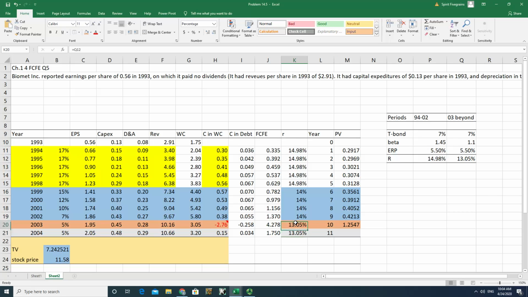So I use different discount rates. And between the first stage and the constant growth time period, assuming the cost of equity would be the average of those two numbers because it's a transition time period, that would be a realistic assumption.